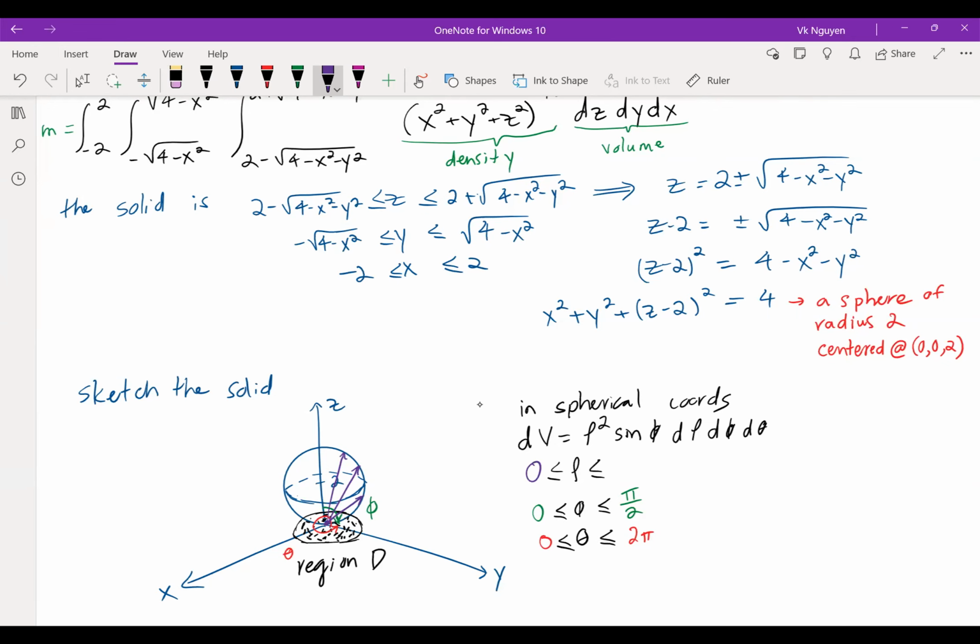We can work out the sphere formula right here.